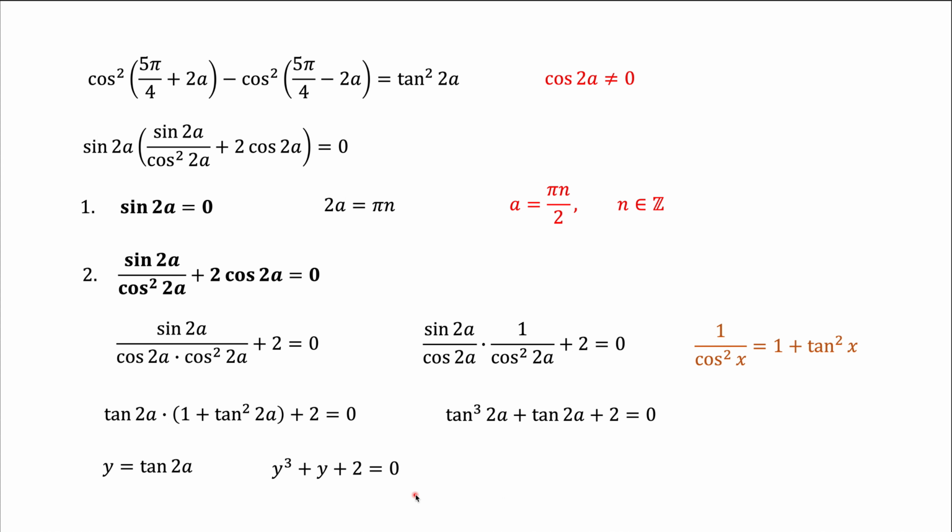We are looking for an integer root. And we also know that when we have equations like this, the integer roots are factors of the constant term. So all possible integer roots are plus or minus 1, or plus or minus 2. Those are the only 4 possibilities for an integer root. And if you substitute, you find that y equals minus 1 is a root.